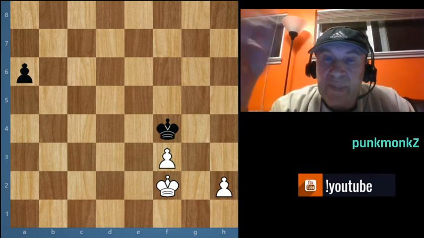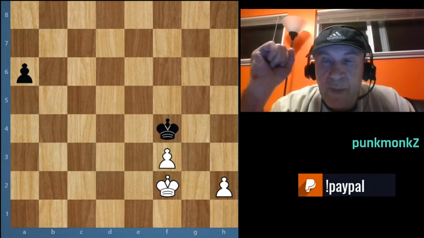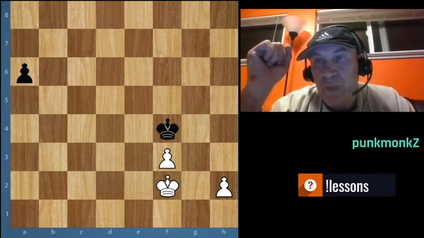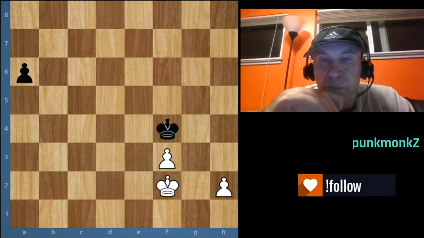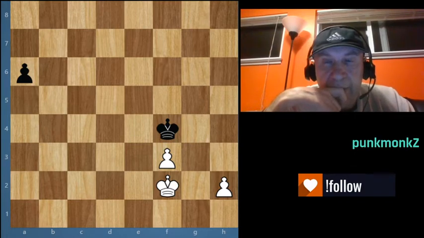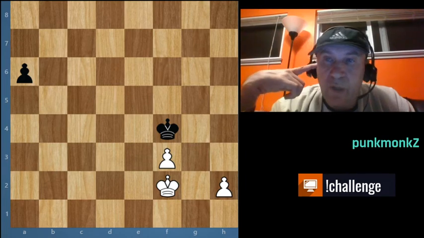But let's say in this position it is white to play. What should white do? I think the first thing to do if you're white is determine whether your king is safe or not. And then when you get that information, you can decide whether you can play for a win or not. Right? So how do we do this?